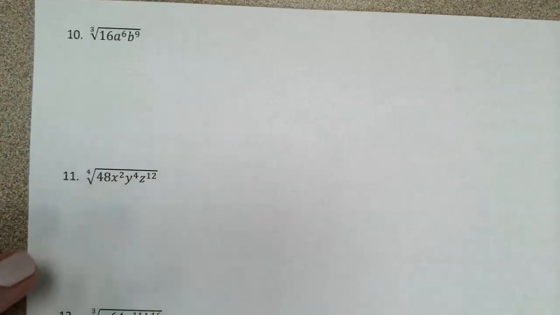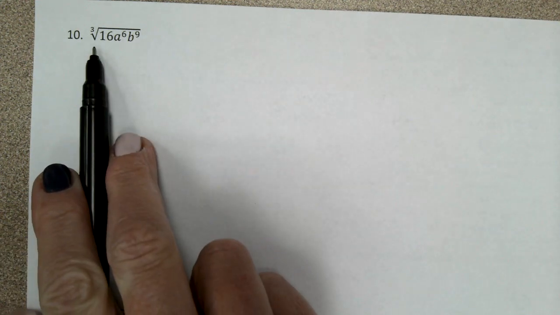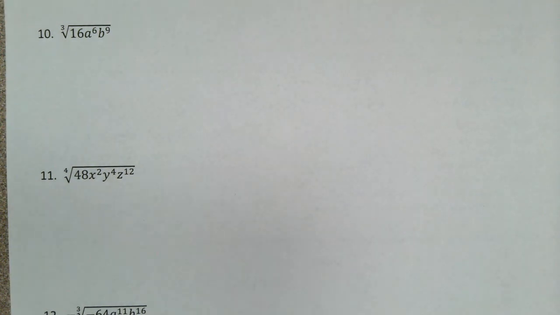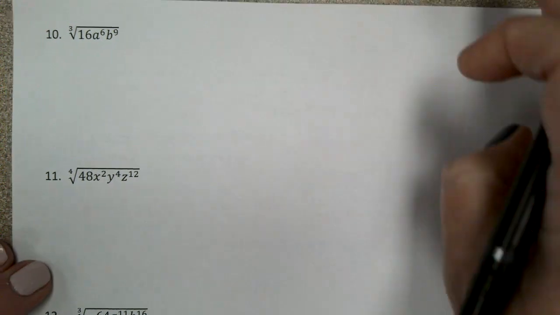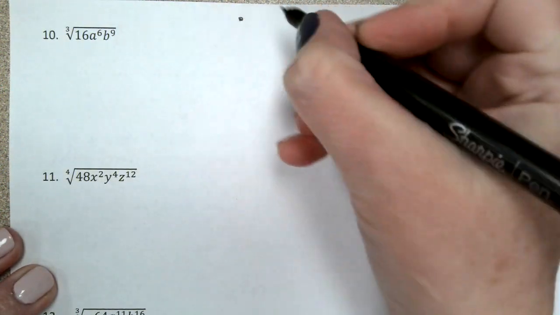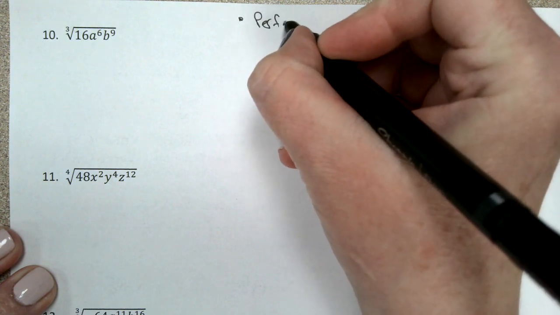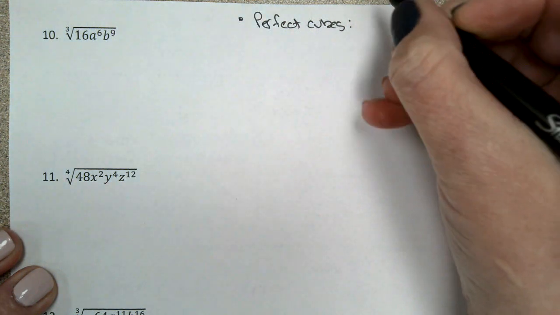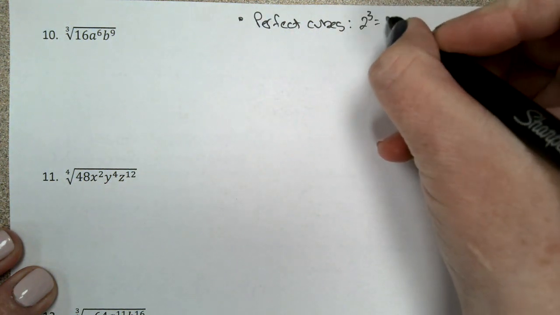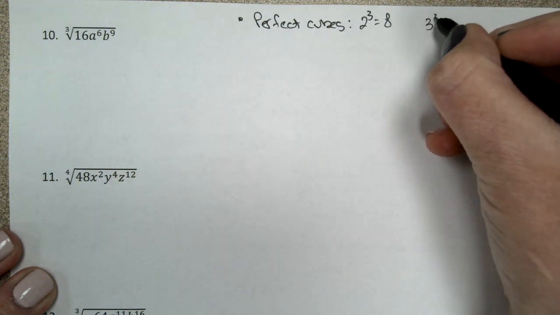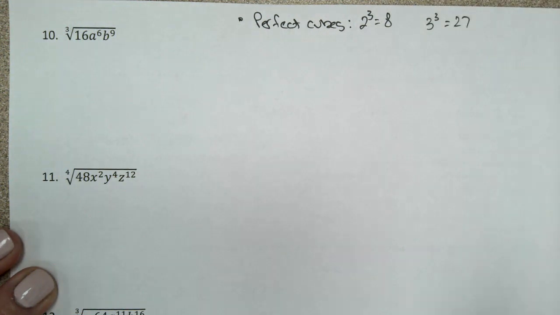All right, let's do another one. All right, now I'm on cube roots, and it doesn't look like I have a perfect cube there. So what are my perfect cubes? So 2 to the 3rd power is 8, and 3 to the 3rd power is 27.